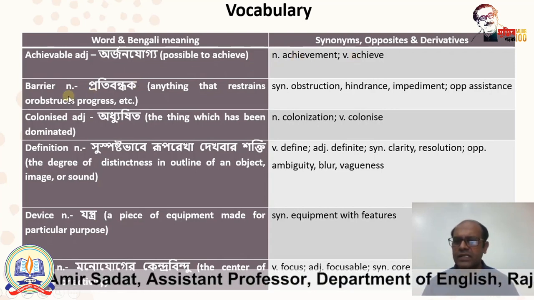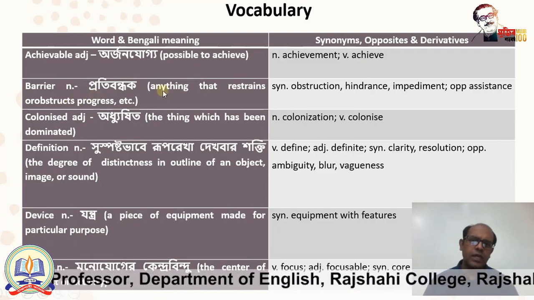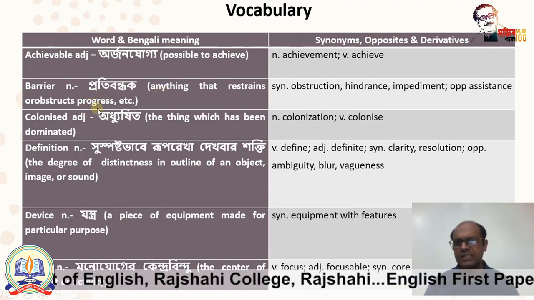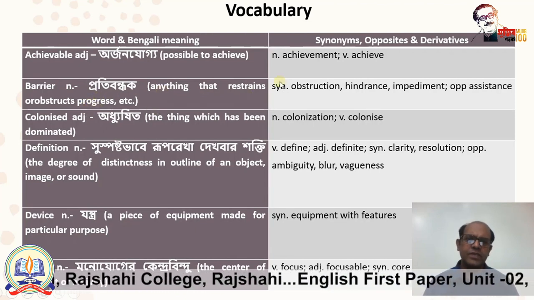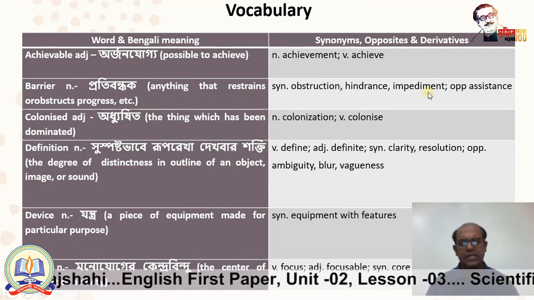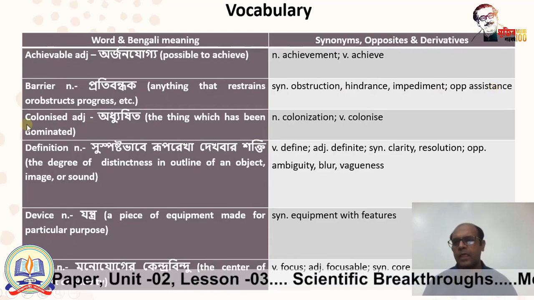Barrier is a noun. Its Bengali meaning is protibandhok, anything that restrains, obstructs progress, etc. Its synonym is obstruction, hindrance, impediment, and its opposite, that means antonym, is assistance.